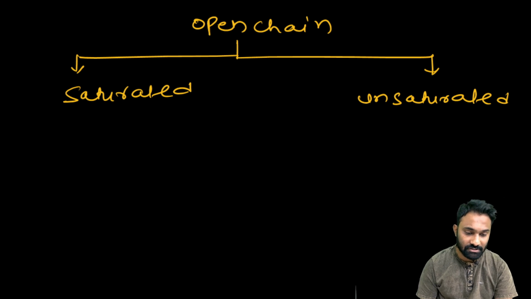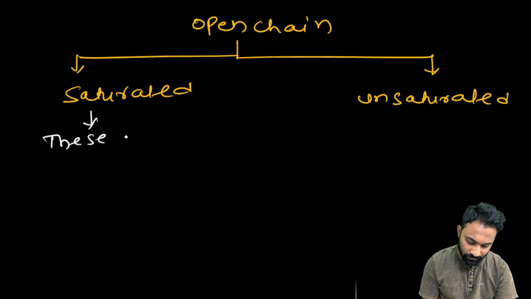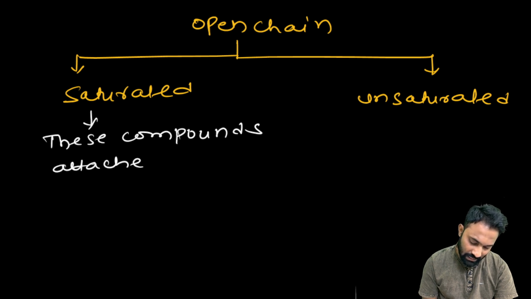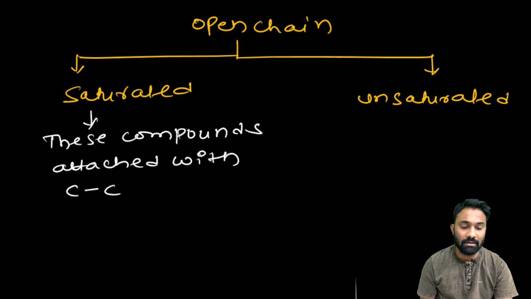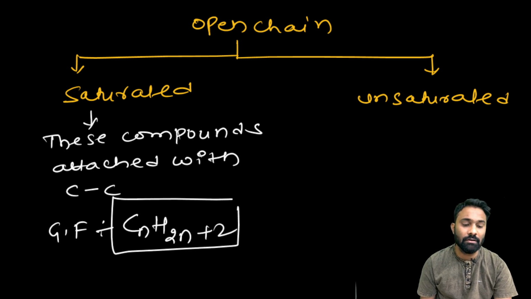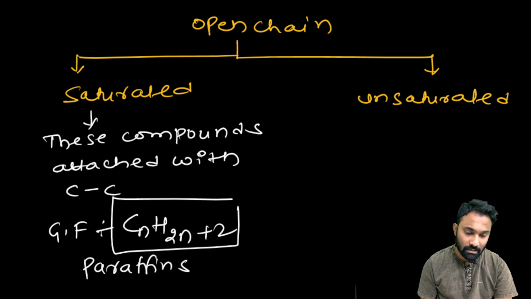Saturated means these compounds have carbon attached with carbon by single bond, and the general formula for these saturated compounds is CnH2n+2, and we can call them paraffins also.